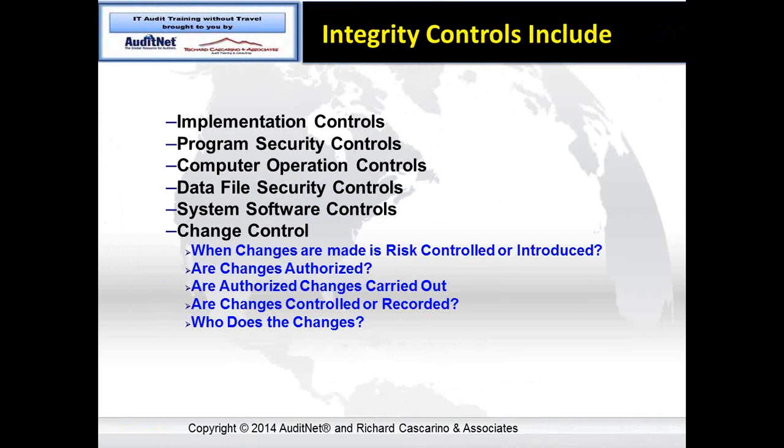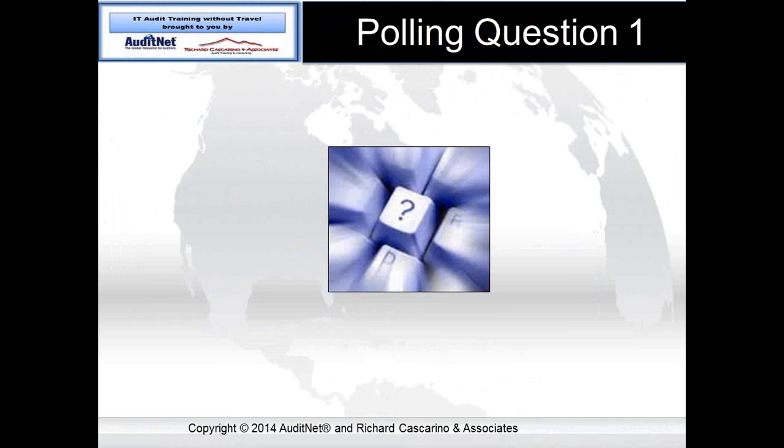As far as integrity is concerned, we've talked about some of these already: implementation controls, program security, operations, etc. All of these have some component that impacts inside the machine that we can now go and interrogate. And that brings us to our first polling question.